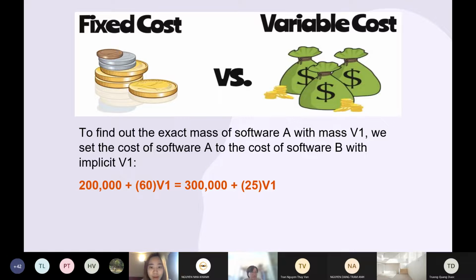We have the equation 200,000 plus 60 V1 equals 300,000 plus 25 V1.